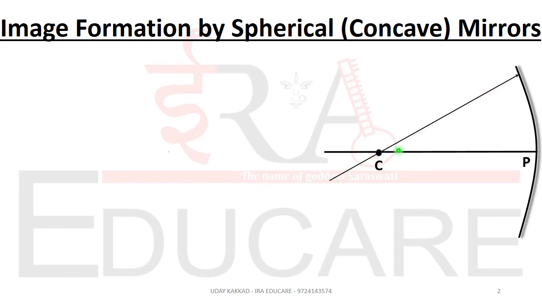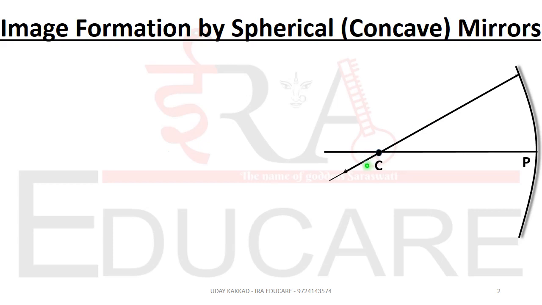So this is the incident ray which is passing through the center of curvature, right? Now the reflected ray is also in the same direction. It is opposite to the incident ray, but along the same line. Now why does this happen?